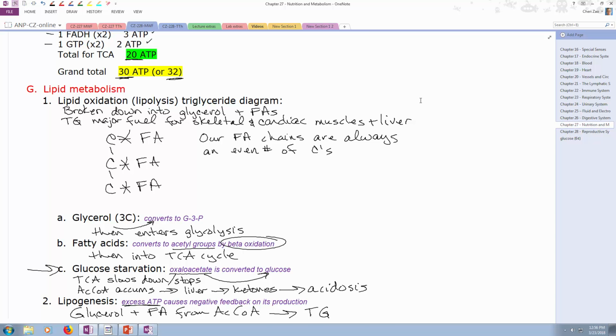And so remember, we have the glycerol backbone and 3 fatty acids, that's why it's called a triglyceride, 3 fatty acid chains attached. And each fatty acid chain is an even number of carbons. And that's very important. That's the kind of fatty acids we make and we utilize.